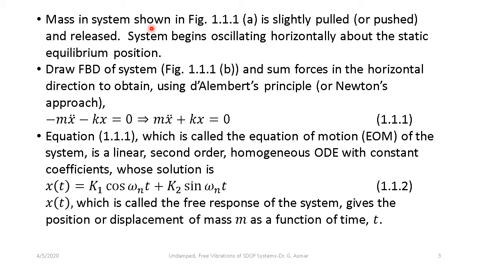In order to disturb the equilibrium, what we can do is pull the mass slightly to the right, or maybe push it slightly to the left, or impart to it an initial velocity, or do both, impart an initial velocity and an initial displacement, pull it to the right or push it to the left.